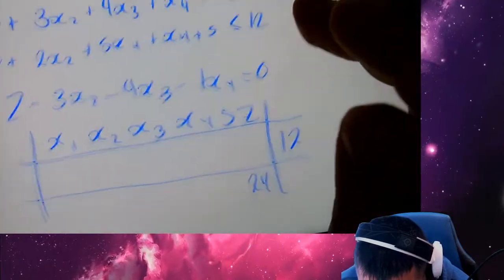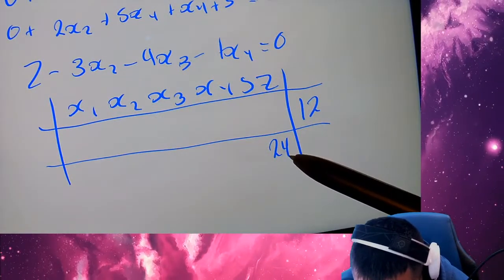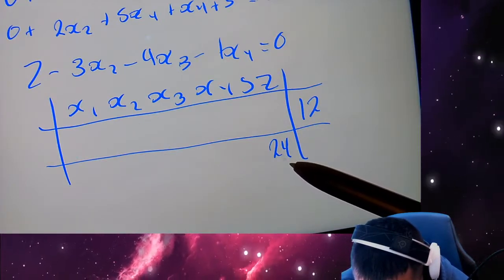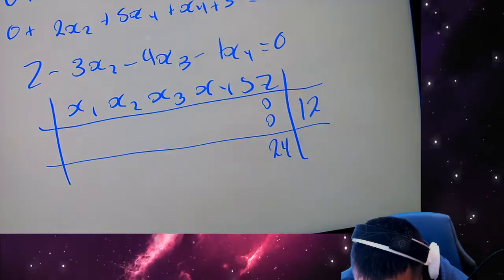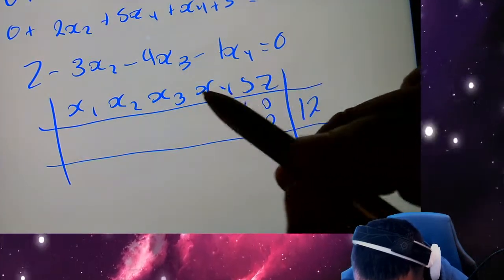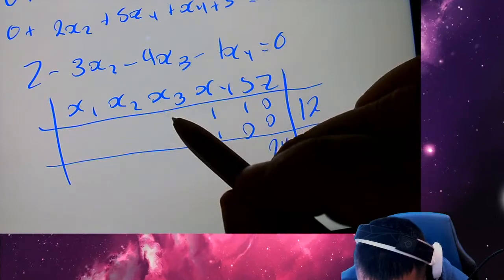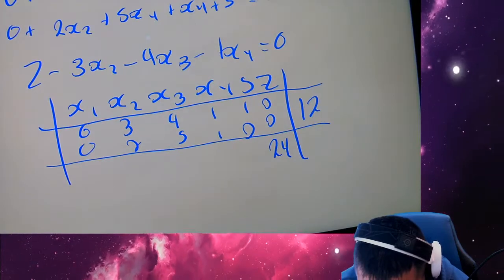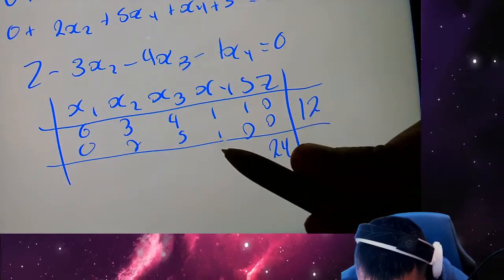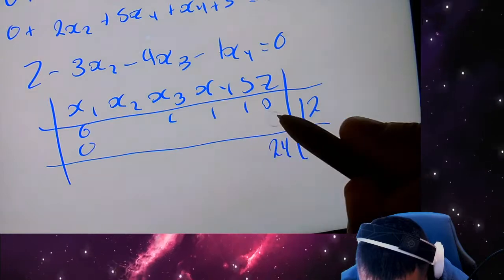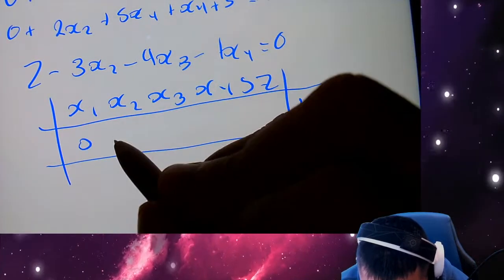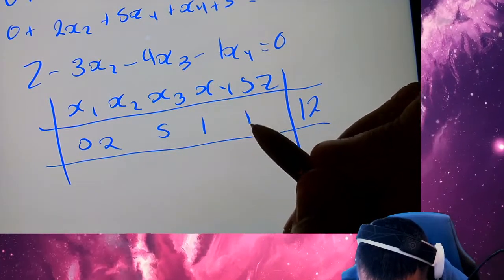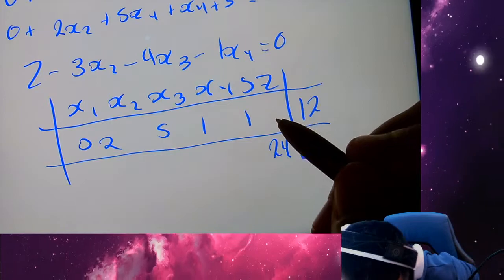But we never said that Z was. Actually, 0, 2, 5, 1, 1, 0.